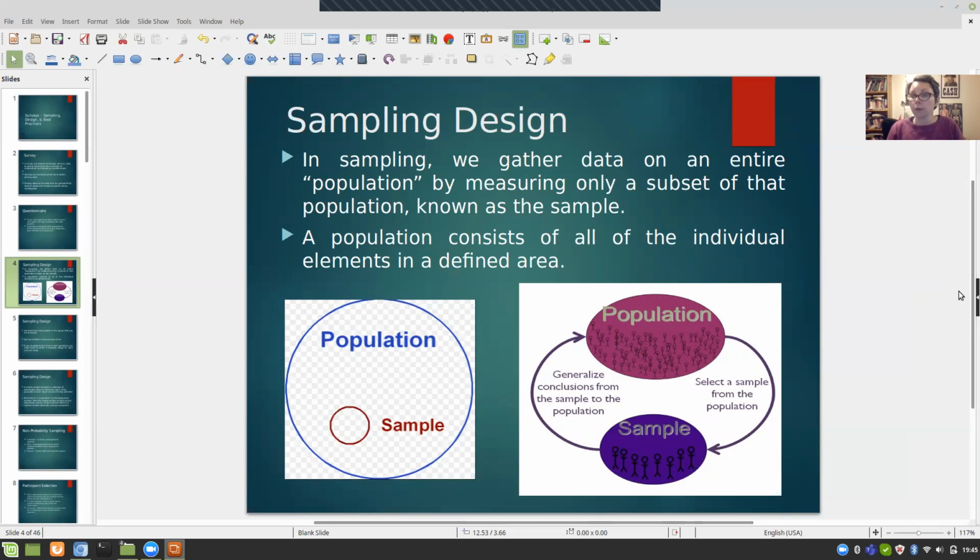So what is a sample? You can see from the graphic, it's just a subset of a population. And the whole reason we do it is so that we can make generalizations about that population, which is why it's so important that our sample be big enough and that it be representative.